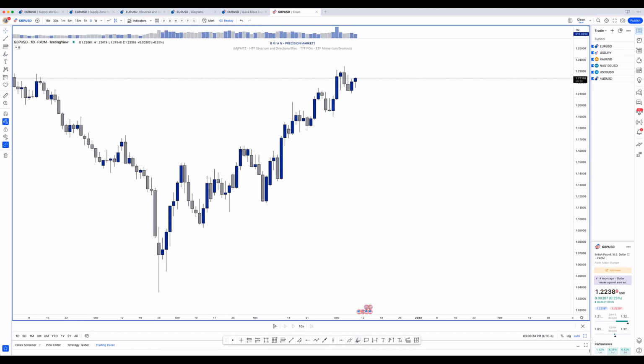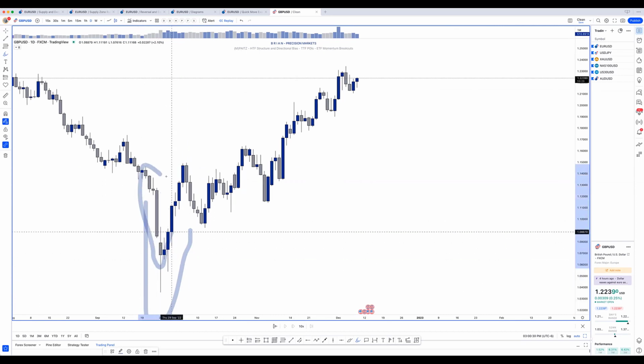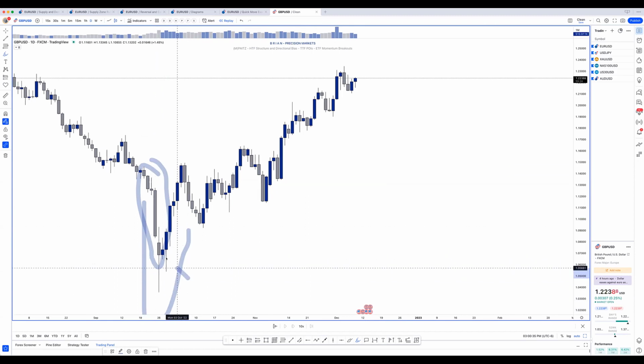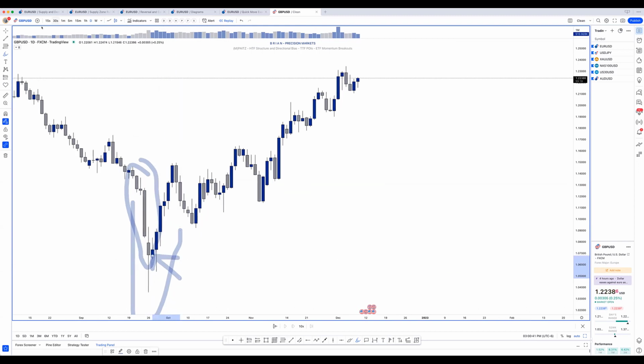What did price do here? How many consecutive bearish candles did you have in a row? What happened right here? Yeah, a wick. So after all that bearish momentum, it stops.